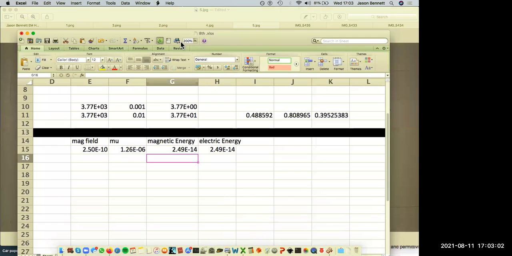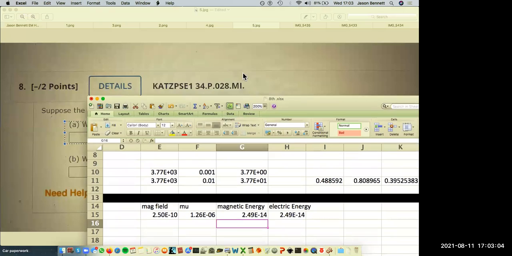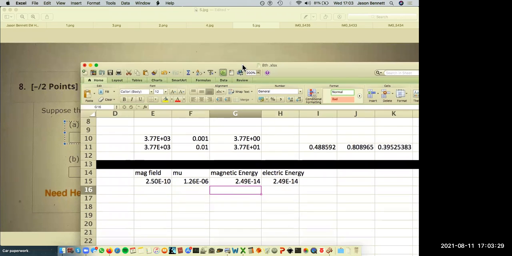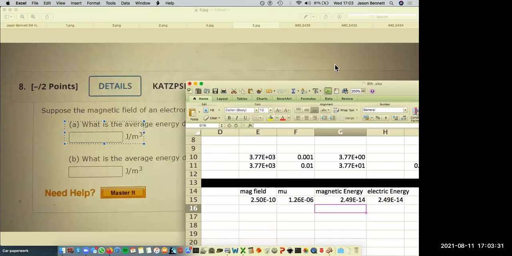Okay, can I exceed? Okay, -14. For some reason, it's showing that it differs from the correct answer by more than 100%.